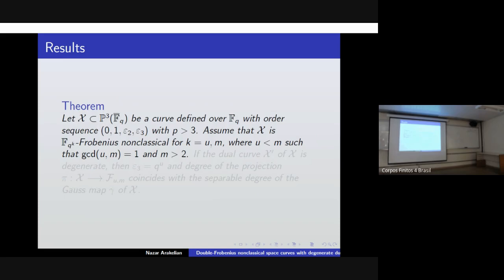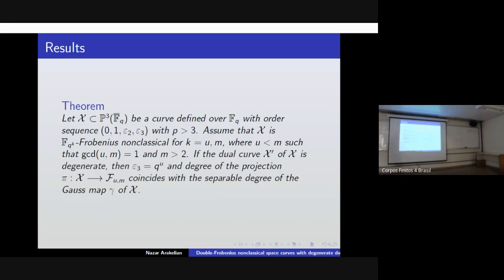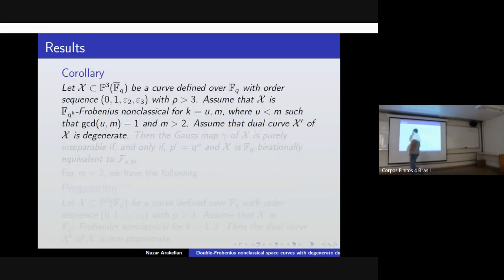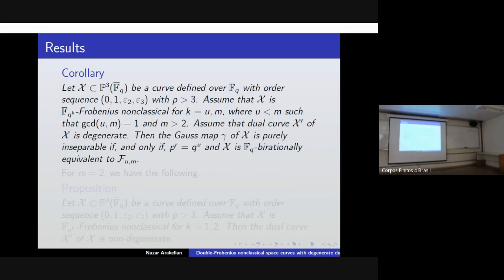Again, you have a double Frobenius non-classical curve, m bigger than 2, u and m coprime numbers, and if the dual is degenerate, then the degree of this projection coincides with the separable degree of the Gauss map of X. In particular, when your Gauss map is purely separable, then you have a sort of classification: it must be birationally equivalent to the Borges curve.